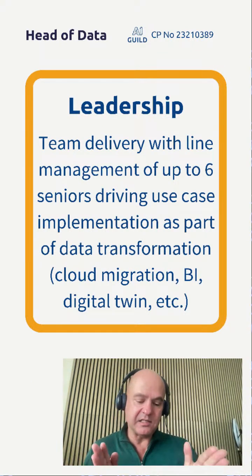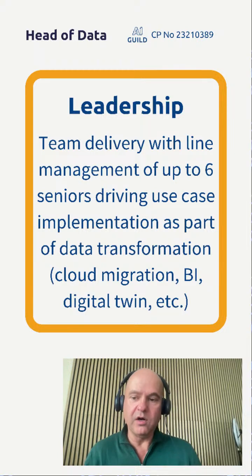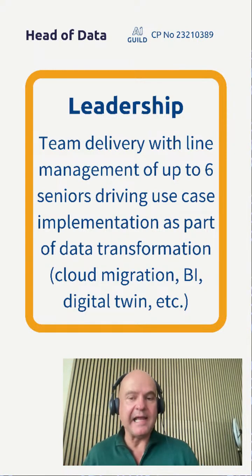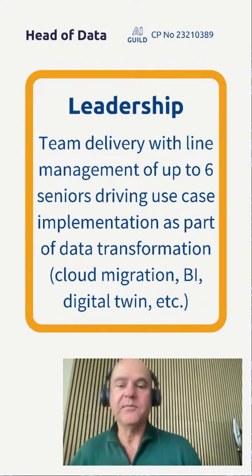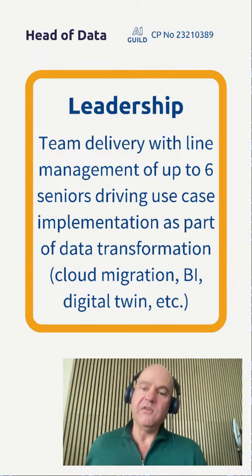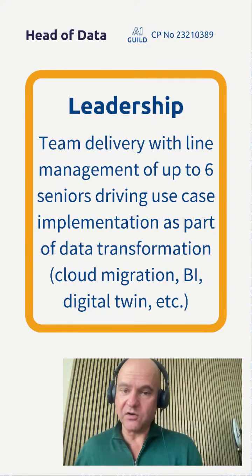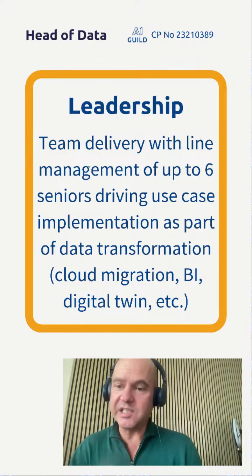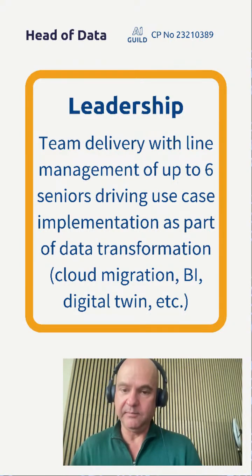So when data scientists and value creation are the core, we kind of have leadership to the one side. This is a head. So team delivery with line management of up to 6 seniors driving use case implementation as part of data transformation, cloud migration, BA, digital twin, and so on. So the point here is that the person says, I have a track record of team delivery, and actually in the position that I have, I might have up to 6 seniors reporting directly to me, okay?